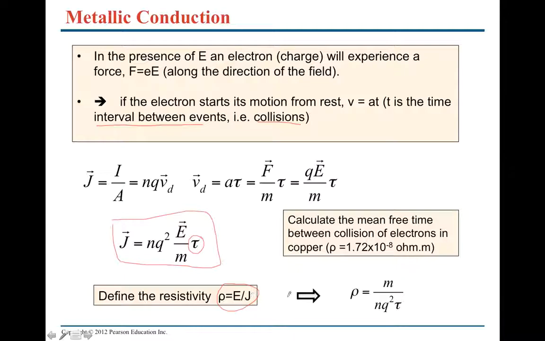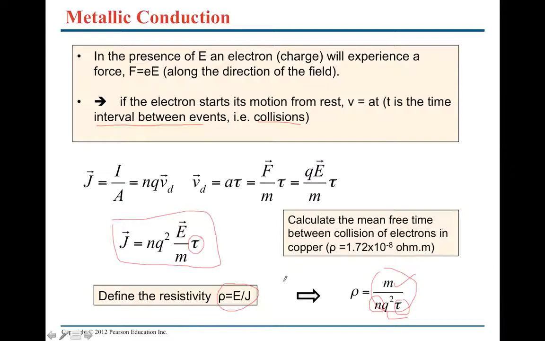And the resistivity is equal to this. So if I know what the resistivity is, and I know the mass of the electron, which I know, and the charge q of the electron, which I know, and n is the number of electrons per centimeter cubed, if it's given, then I can calculate tau, which is simply the mean time between any 2 collisions.